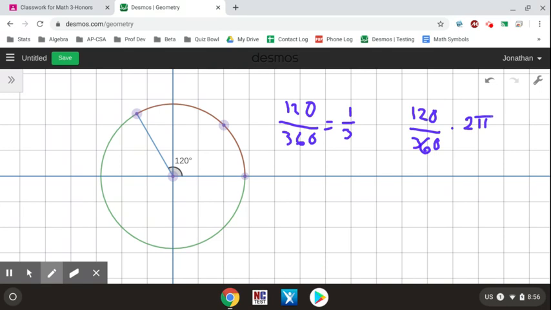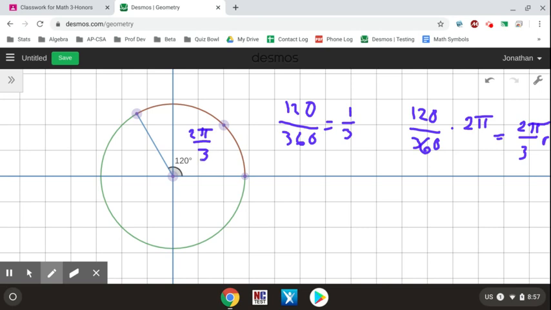So if it's 1/3 of the circle times 2 pi, I'm going to have 2 pi over 3 radians. So that is the amount of radians this is. It's 120 degrees, or it's 2 pi over 3. So that is an easy way to convert from degrees to radians.